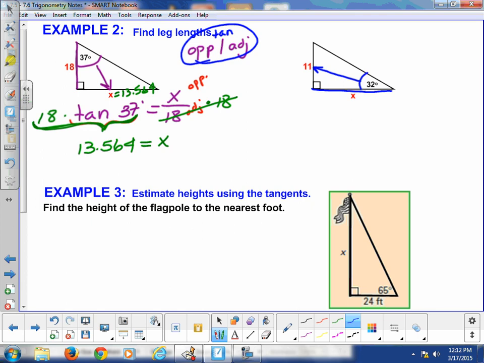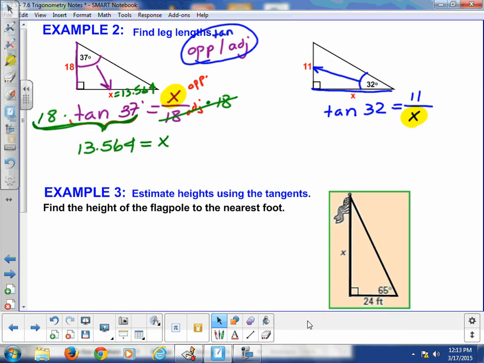Tangent represents opposite and adjacent, so it's tangent of 32, and that is equal to opposite over adjacent. Can you see how this problem is a little different? Look at where the x is placed, and look at where the x was placed in the problem before. Before it was in the numerator, now it's in the denominator. Well, that just means we're going to have one extra step, is all.